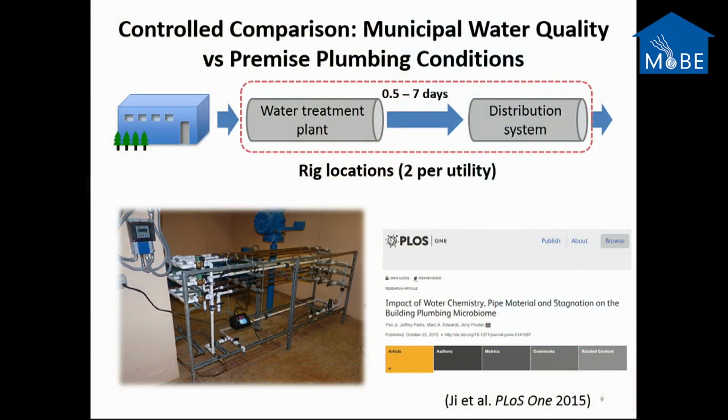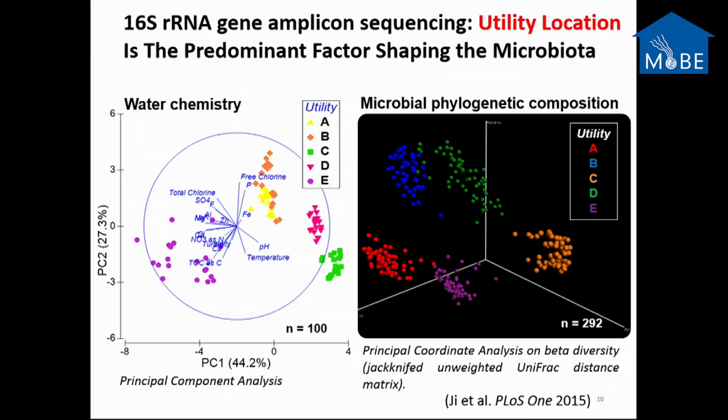And so through Sloan support, we were able to do some very fundamental research and look at this interrelationship between the water treatment plant and the water provided and what's going on in the premise plumbing. So we had these standardized rigs, one installed very close to the treatment plant, one further out in the distribution system.